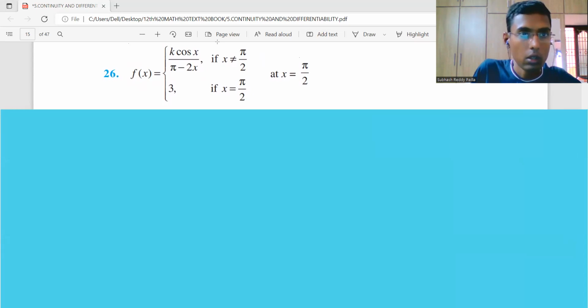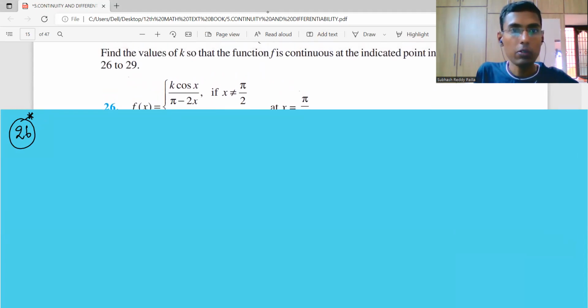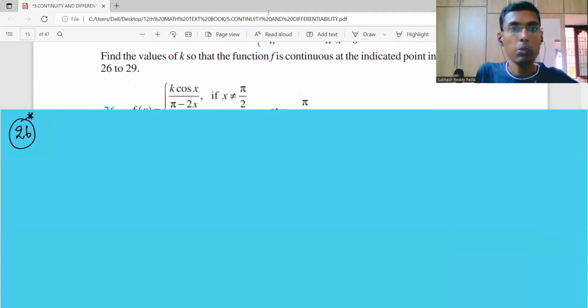Good. Okay. So one question I'll discuss, we'll discuss 26. This is important, and like these questions, a few questions I'll tell you from exemplar problems. Like the previous lambda question we discussed, here also same thing.